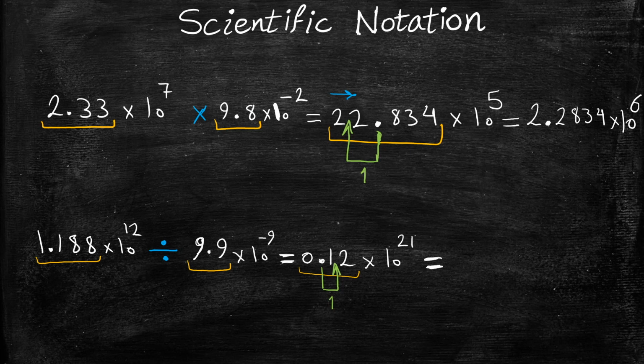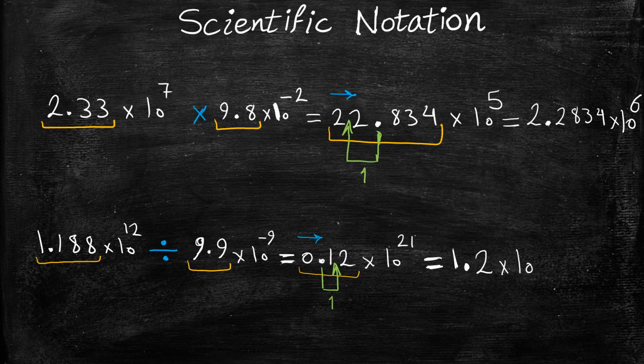So from 0.12, the number turns into, if I scan it from left to right, the first non-zero digit is 1, then the decimal point, and then the rest of the number is 2, so 1.2 times 10 to the power of. Now that we figure out the power, we look at the decimal point. We shifted the decimal point one position to the right.